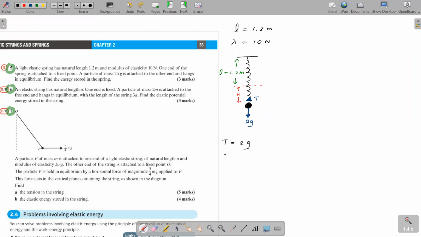So tension is lambda x over L. Lambda value is 10 Newton. Extension is x. Natural length is 1.2, equals 2g. Shall we get the x value in terms of g first? x equals 2 into 1.2g over 10. Can I have the value of x?